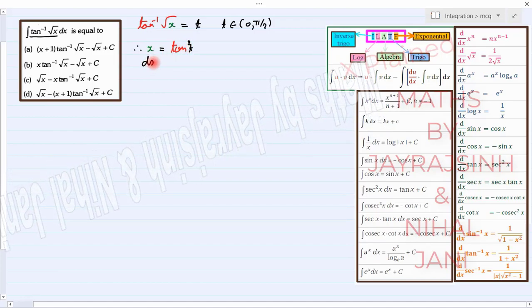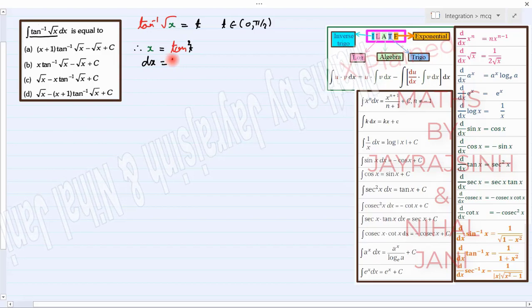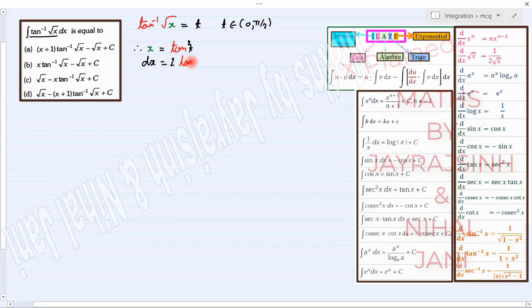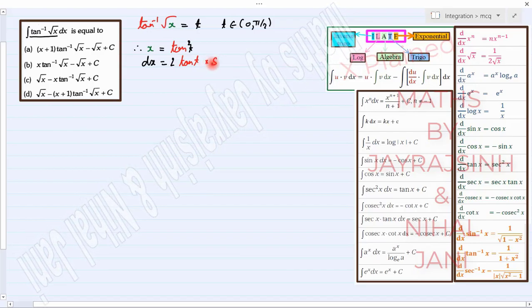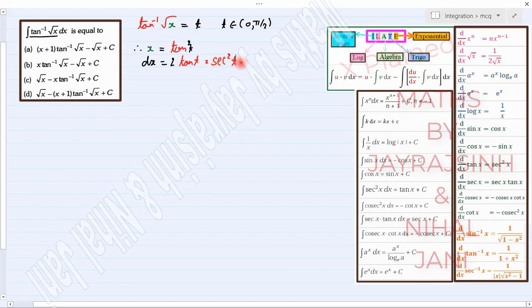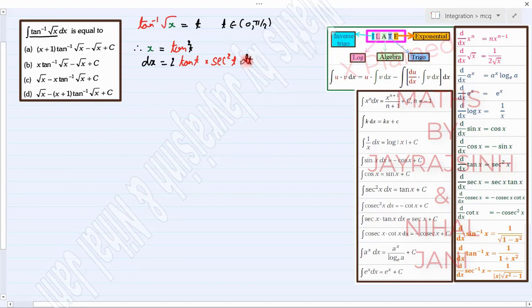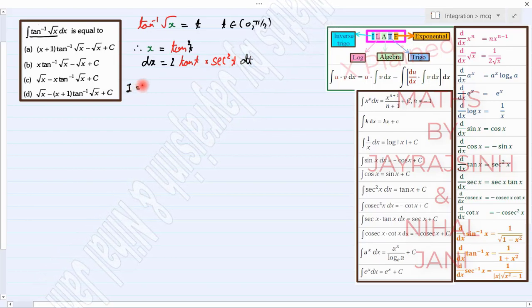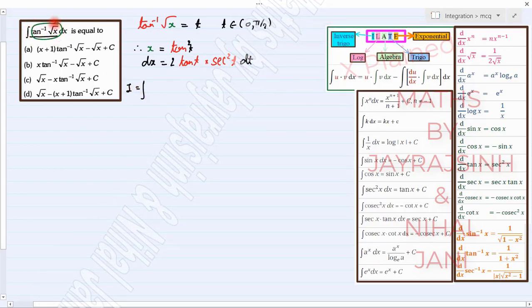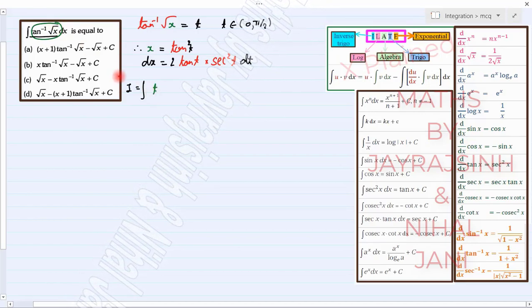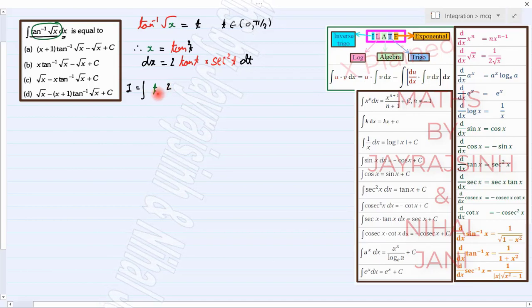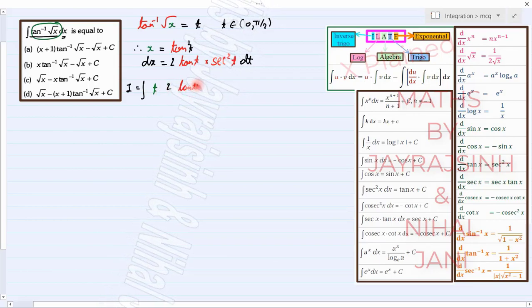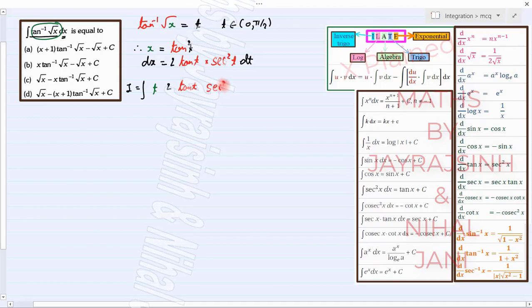Differentiating both sides, we will get dx is equal to 2 into tan t into the differentiation of tan t, which is sec square t dt. So we are ready to integrate. This tan inverse root x will become your t, and this dx will become 2 times tan t into sec square t dt.